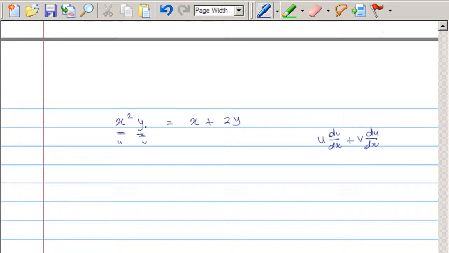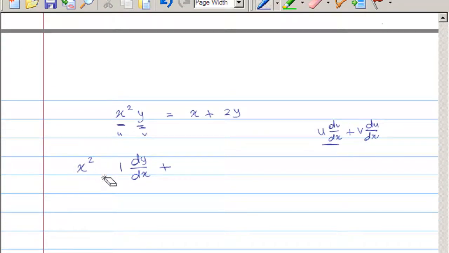Now differentiating the left hand side, I have u times dv over dx. So the first term times the derivative of the second. The first term is x squared. And what's the derivative of the y term? The derivative of y with respect to y would be 1, but since I want to differentiate it with respect to x, I have to add on a dy over dx. So that's the first part of it. That's the u dv over dx part. Then I've got plus, oh sorry, this is not a plus here, this is a times.